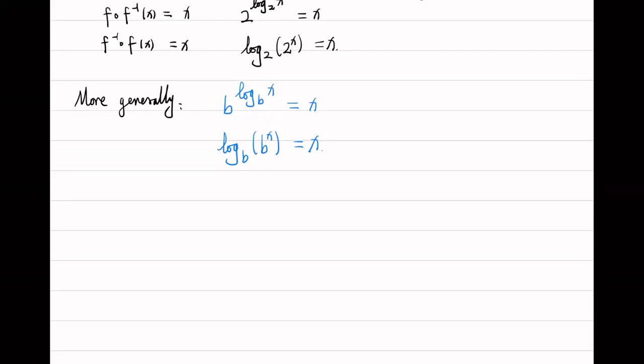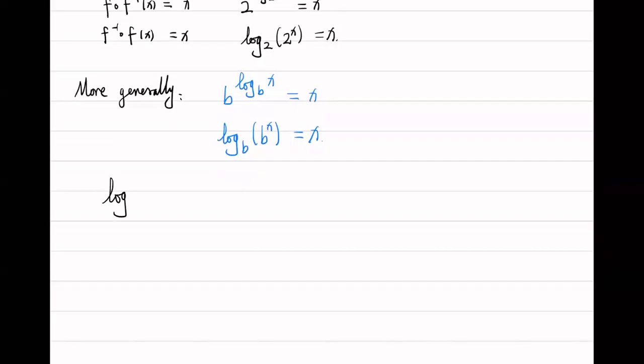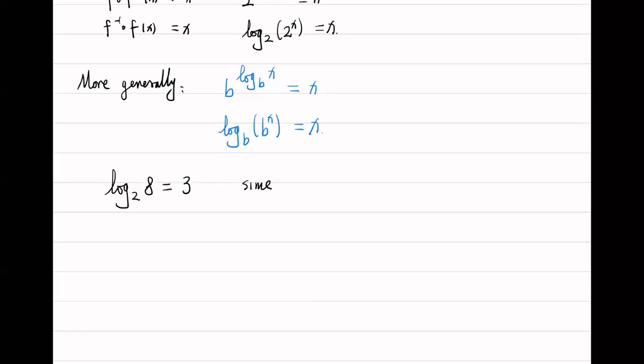Let's see some examples. Logarithm base 2 of 2 to the 8. Okay, Sophia, what's this number? 3. How do you get a 3? It's 2 to the power of a number that equals 8, and we know that 2 to the power of 3 is 8.